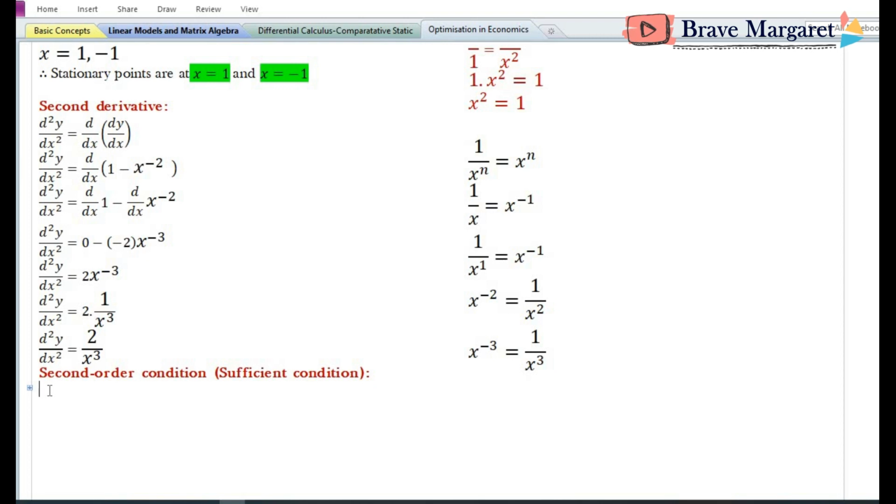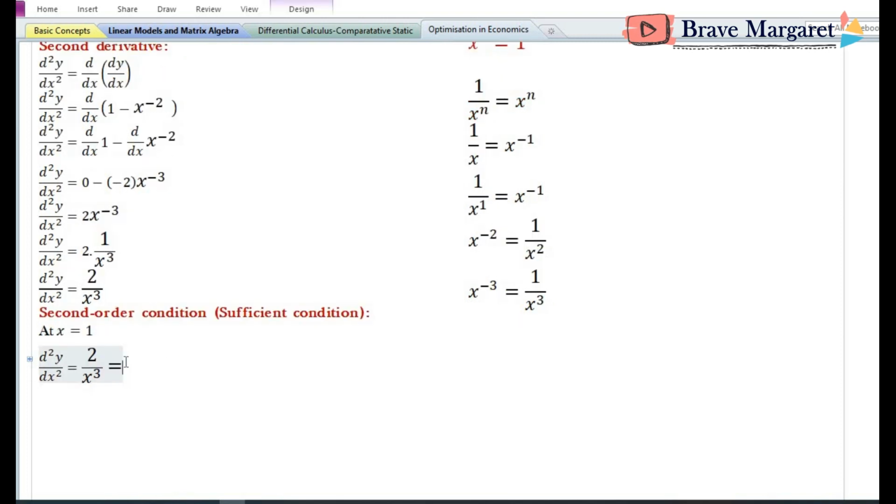Similarly, if at a certain value of x, the second derivative of the function is less than 0, that is, it is negative, then it ensures that the function has a concave downward graph and it has a maximum value. In order to know whether the second derivative has a positive or a negative value, we need to evaluate the second derivative at x equals 1 and x equals minus 1.